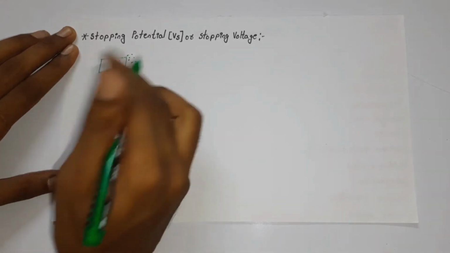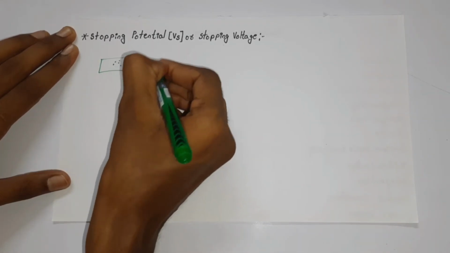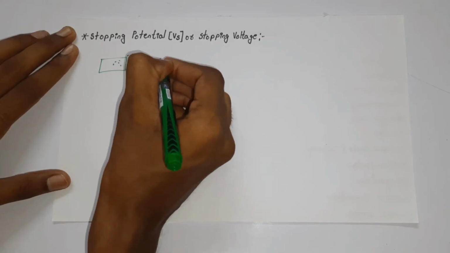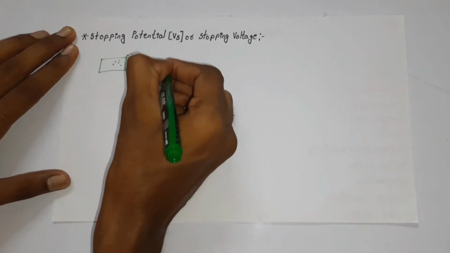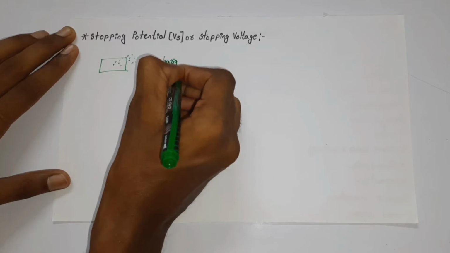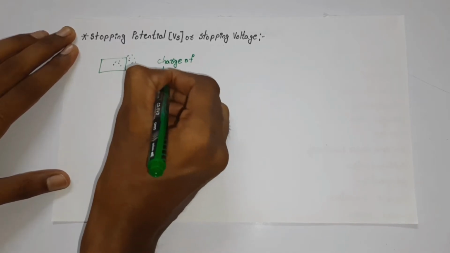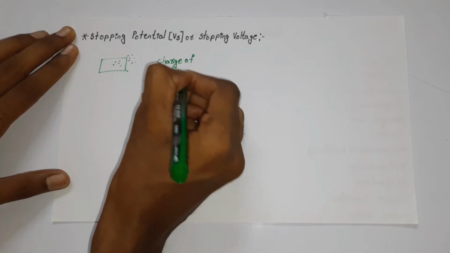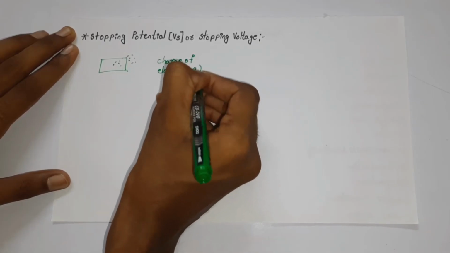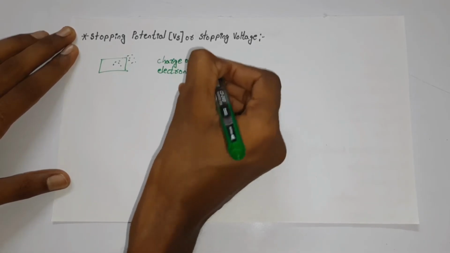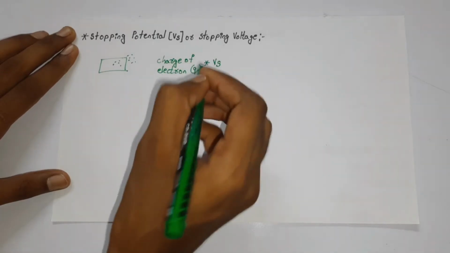And this can be given by an equation. The charge of the electron, which is Q, into the stopping potential.